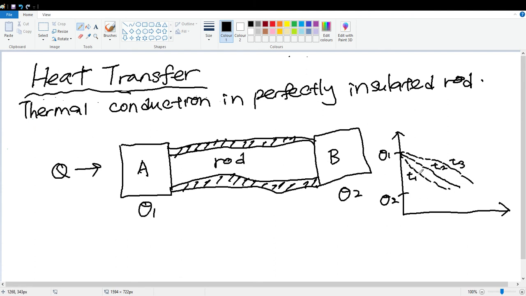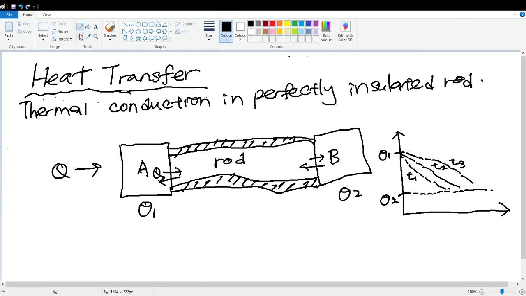So we can see that from time 1, time 2 and time 3, due to the different temperature at every point, the temperature is varying. The variation is due to the heat flowing from A to the rod and rod to B, and B to the rod and rod to A. This is the reason why the curve is still varying.